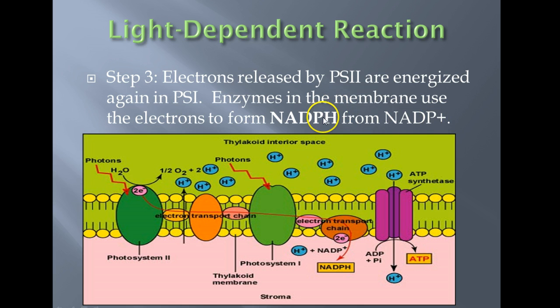Remember, I had the hydrogen from my water, H2O. I take this as a raw material into the light-dependent reaction, and I use light energy to add that H here. So now I have more energy in this product of the light-dependent reaction than I did in this compound as a reactant. I came in with this as the raw material, I used energy from light to break that water up, and I added that hydrogen here to make NADPH. So this right here is a product of the light-dependent reaction.